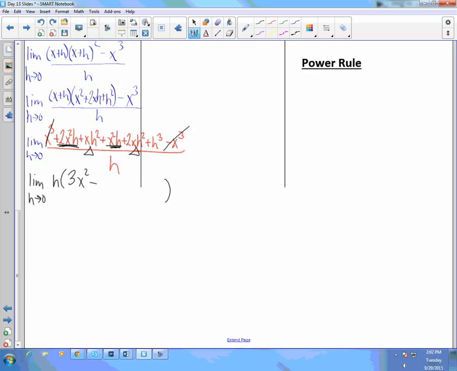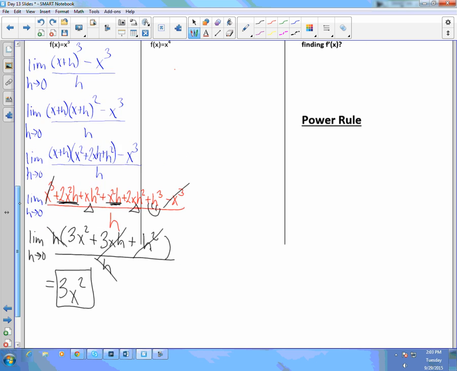I'm left with plus 3xh. And then that one doesn't have my term, so I have an h inside of plus h squared. Alright, the h cancels. Let's plug in 0. What happens with this middle term? Cancels. What happens to h squared? We put in 0. Cancels. So our answer is 3x squared.